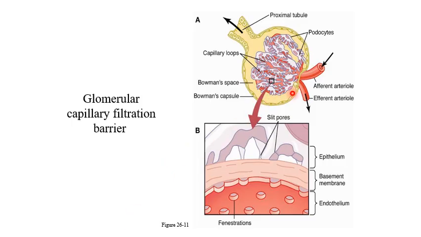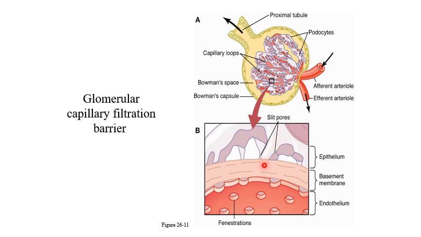And this is another schematic representing these different membranes inside the filtration membrane and different barriers. Here you can see a representative schematic of how these slit pores actually are going to help the filtration process.